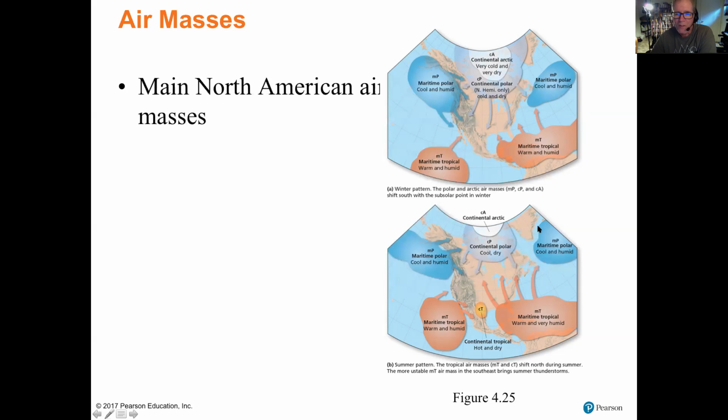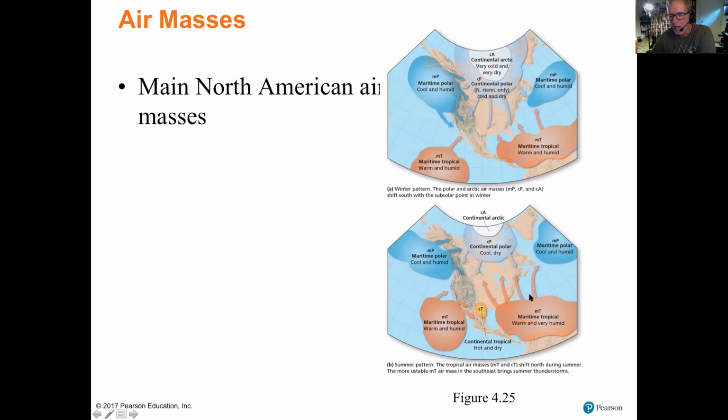Where these meet, we get frontal systems, which we'll talk about in the next part of the lecture. During the summer, the sun goes back up to the northern hemisphere, so all these go up in latitude, and we become under the influence, to some degree, of the maritime tropical, warm and humid, although the moisture here is still pretty cool, so we get hot, dry summers.